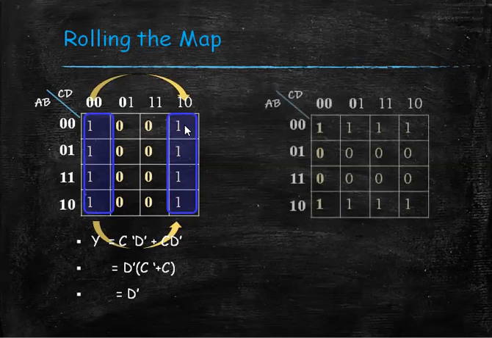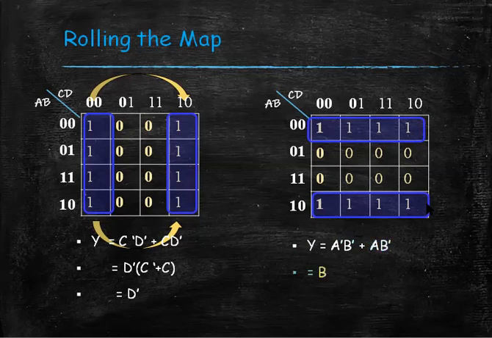Okay. Consider another case. Here the top is all ones and the bottom is all ones. There are two quads. Writing the Boolean expression and simplifying it, we get B bar. That means it also forms an octet.